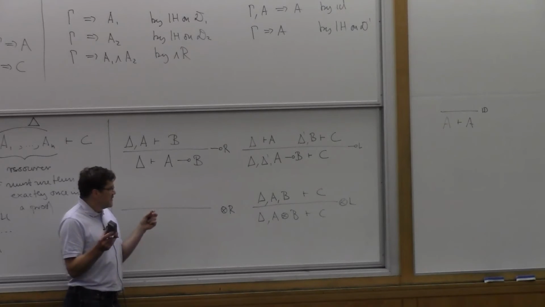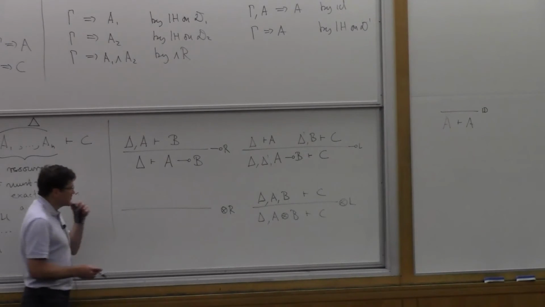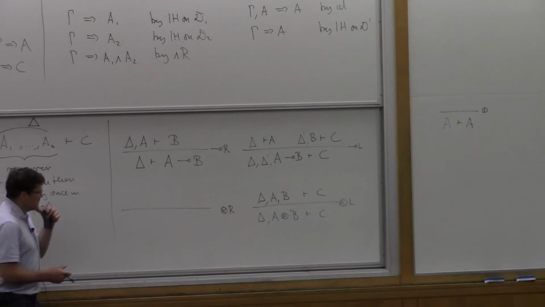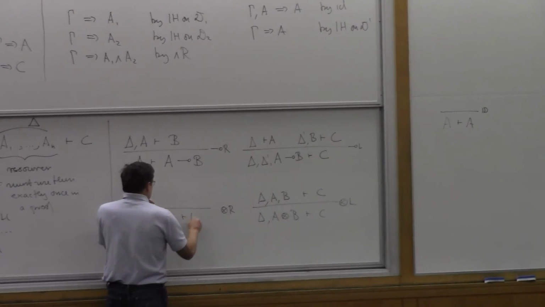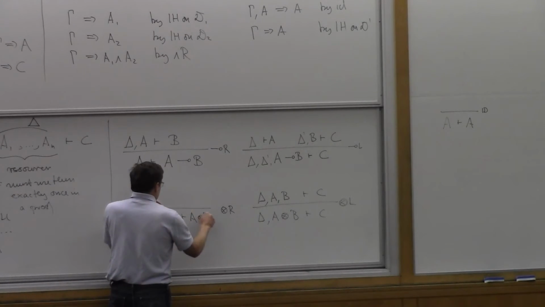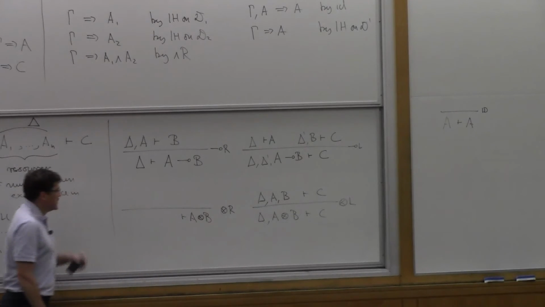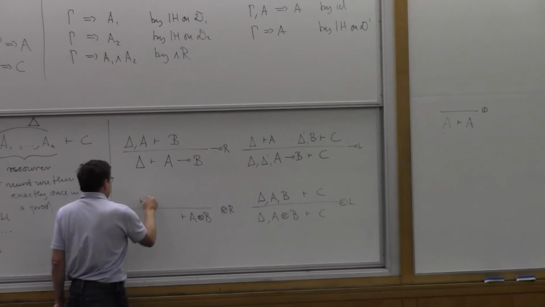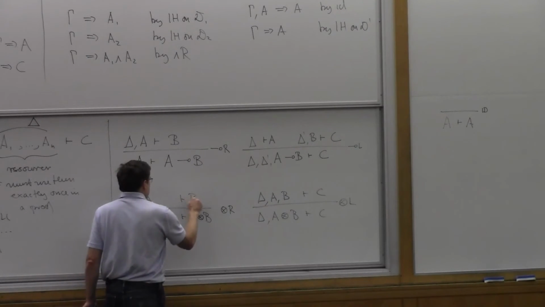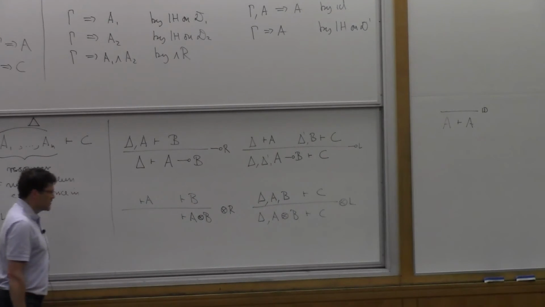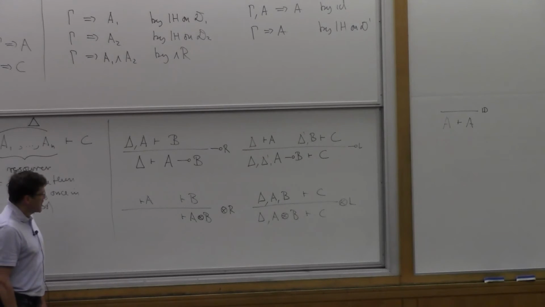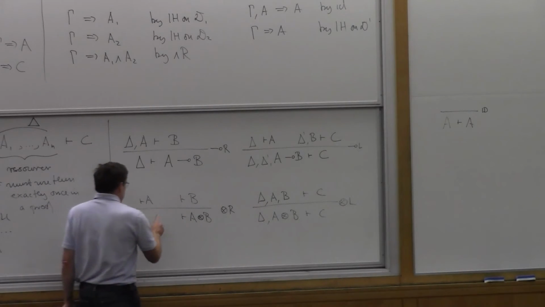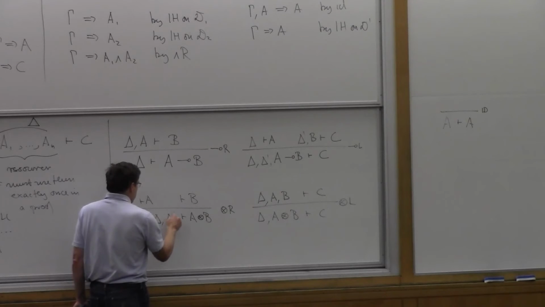So what is the right rule corresponding to that? We have A tensor B on the right, and how do we break it down? It's a kind of conjunction, so we should be able to prove these. We only have to worry about what happens with the resources here, and we have to split them.